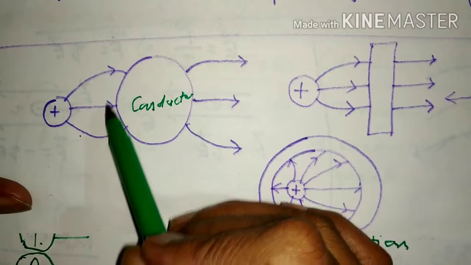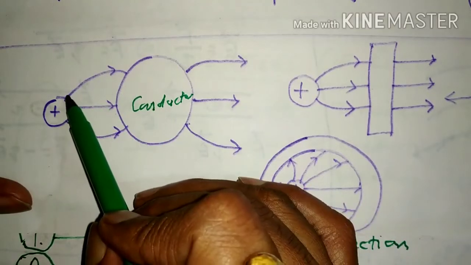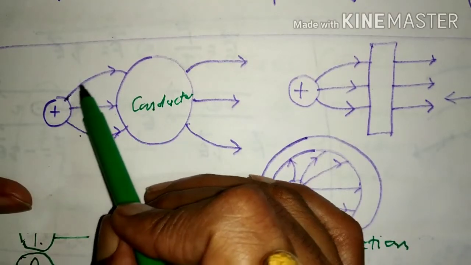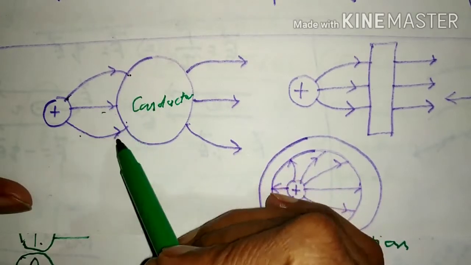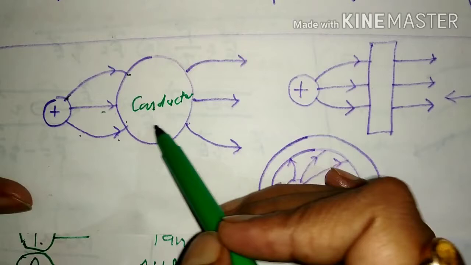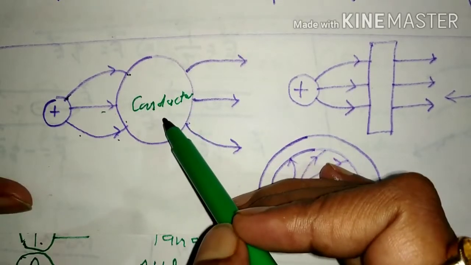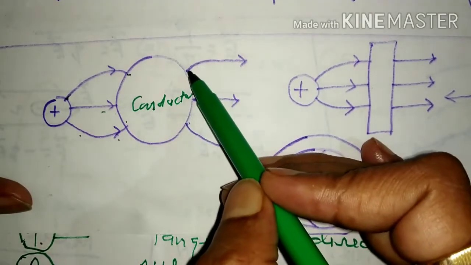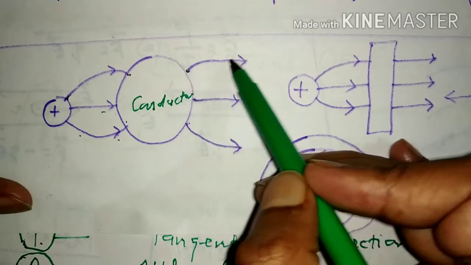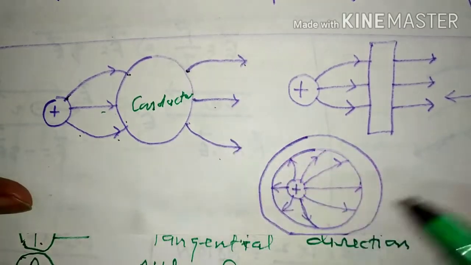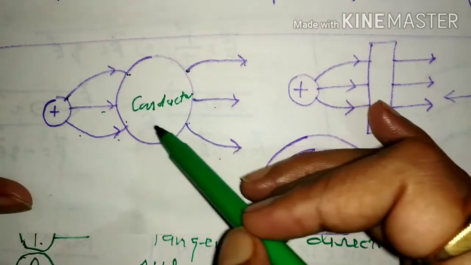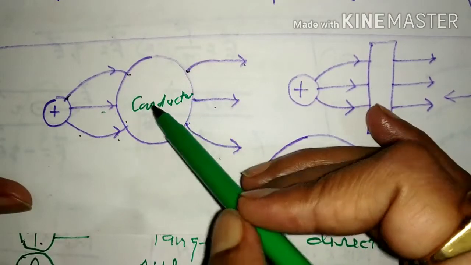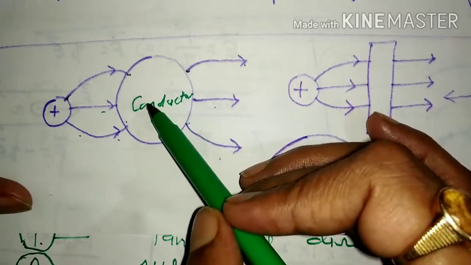They are emerging from positive and falling on the surface of the conductor perpendicularly. Inside the conductor, the net electric field is always 0, and then again they continue from the opposite face of the conductor. That is, electric field lines are absent inside the conductor.